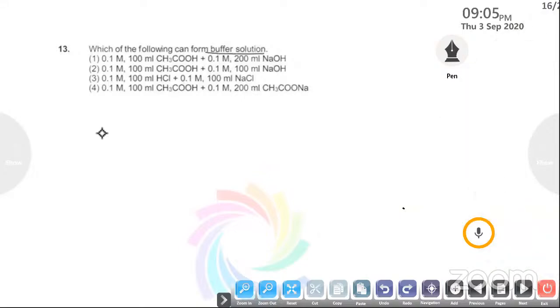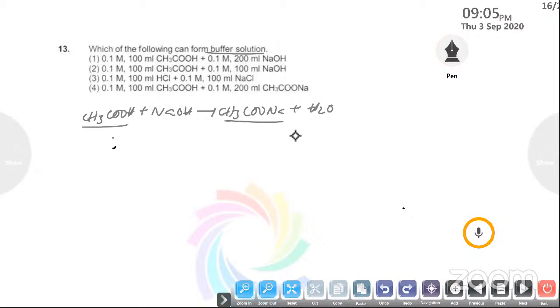For this, first you have to write the equation. So we have acetic acid plus sodium hydroxide gives you sodium acetate plus water. In the solution, if you are left with acetic acid and sodium acetate, then it is called a buffer solution.